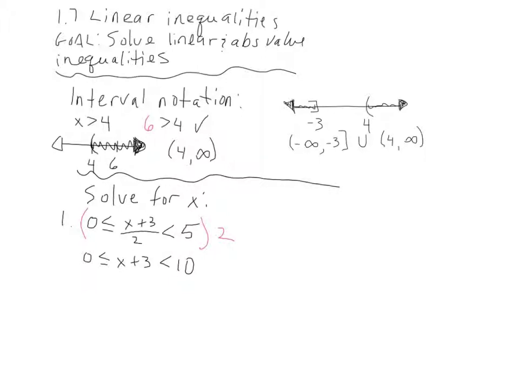So when we subtract 3 from all parts, we get negative 3 less than or equal to x, which is less than 7. In interval notation, it's equal to negative 3, so negative 3 is a solution. So do we have bracket or parenthesis at negative 3? Bracket. So we have bracket negative 3, comma, up to 7 with a parenthesis.